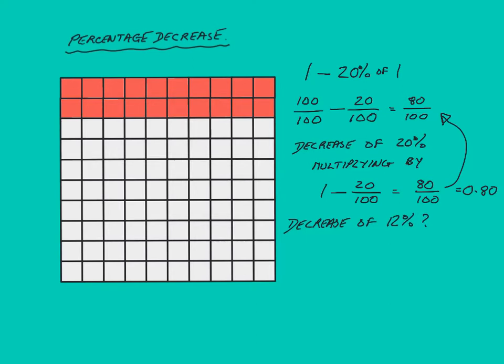We multiply by 1 minus 12 over 100, which is 100 over 100 minus 12 over 100, which is 88 over 100. So this time we multiply by 0.88.